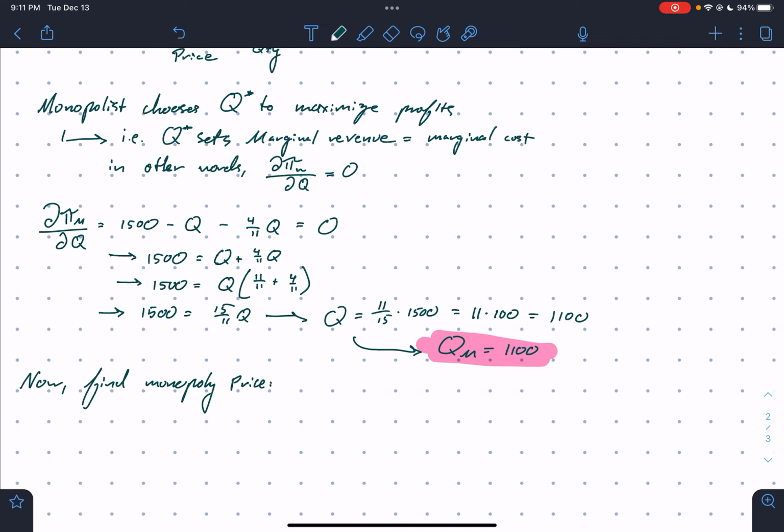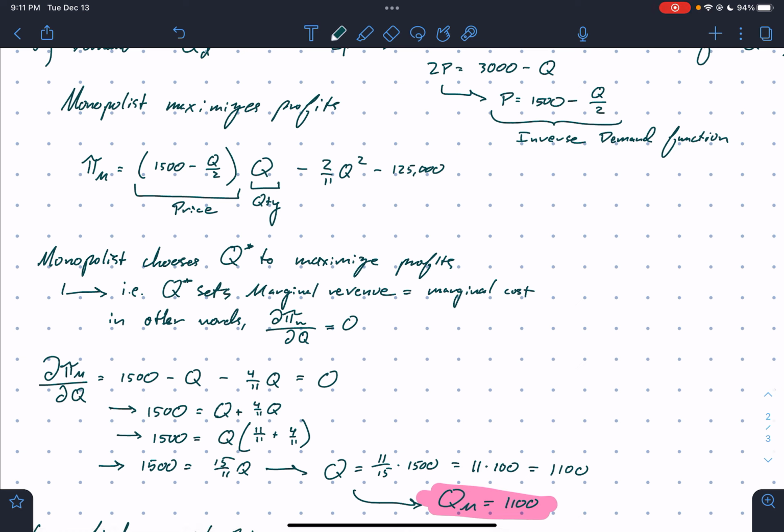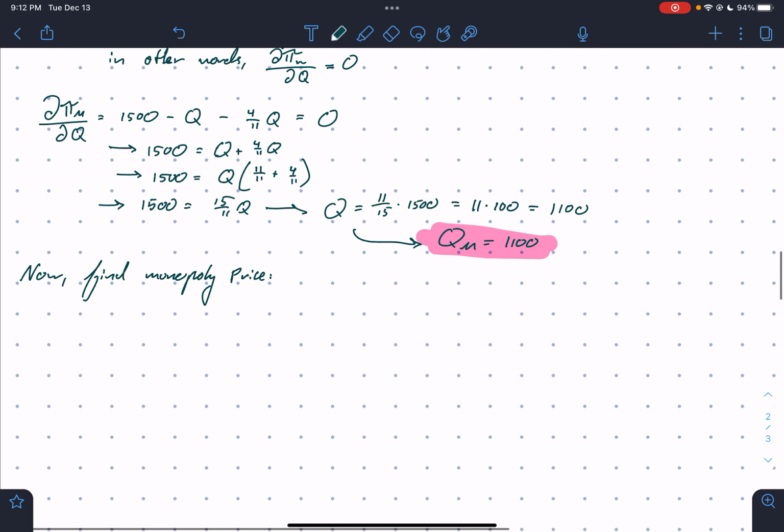So the monopoly price is going to be determined by this inverse demand function. That's why it's a very useful thing for this problem, because given the quantity, we can determine what the price will be based on the demand function. So we'll have that P is 1,500 minus Q over 2.